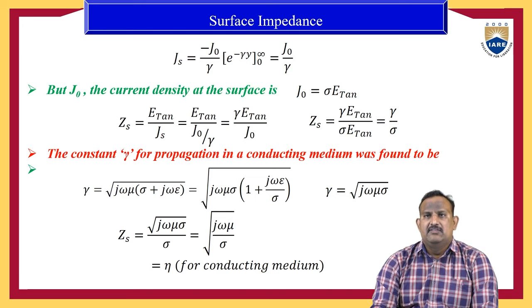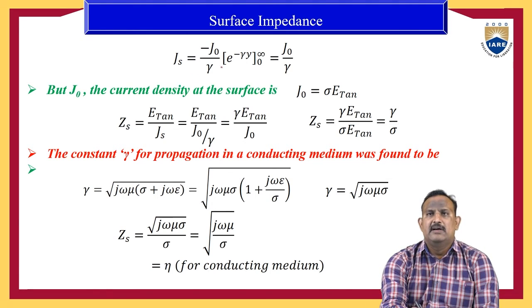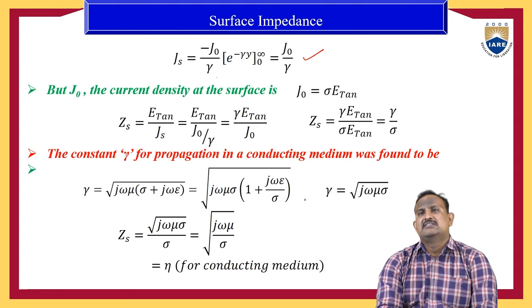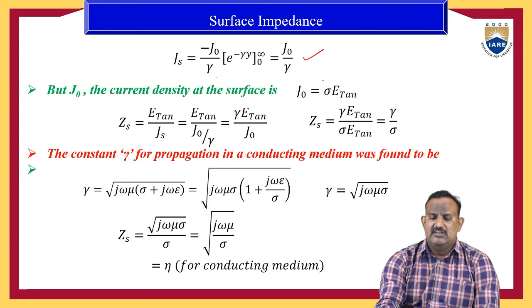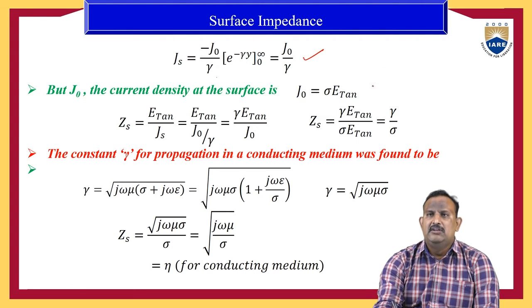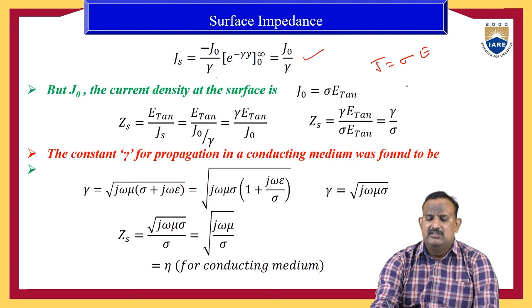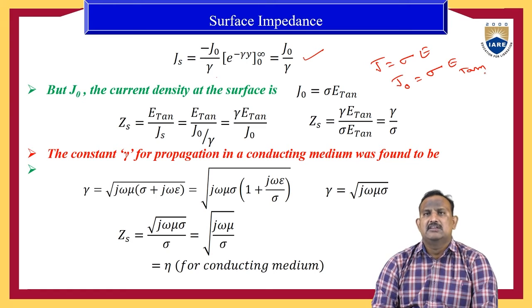If you integrate the equation, Js is equal to minus J naught by gamma e power minus gamma y between the limits 0 to infinity. Therefore, the expression is J naught by gamma. But J naught is the current density at the surface, so we can define J naught equal to sigma E. According to the point form of Ohm's law, J equals sigma E. Using the same expression, J naught is equal to sigma into E tangential, the electric field tangential.